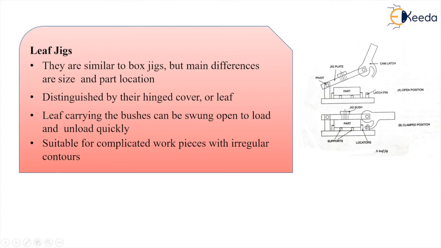You can see, this is the leaf carrying the bushes. Okay, and this leaf carrying the bushes can be swung open to load and unload quickly. So this leaf is going to swing for loading and unloading purposes, suitable for complicated workpieces with irregular contours.